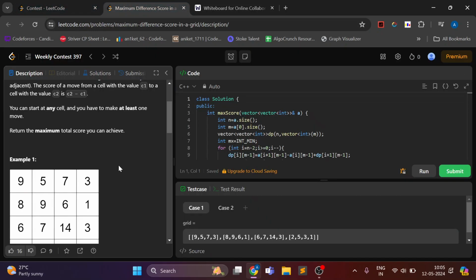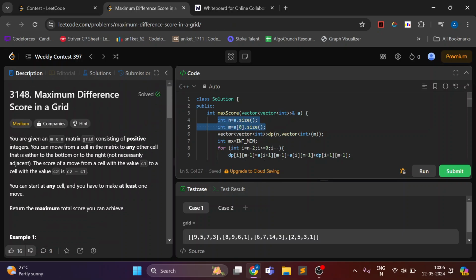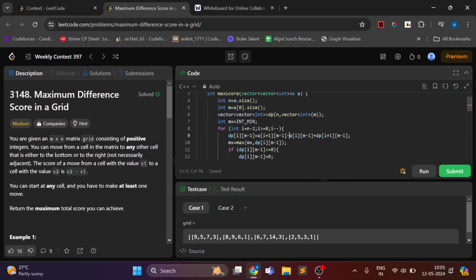So let's see the code first. I have declared n and m, where n is rows and m is columns. This is my way of nomenclature, but they give m cross n, so remember that. Then I have declared a dp and mx with int.